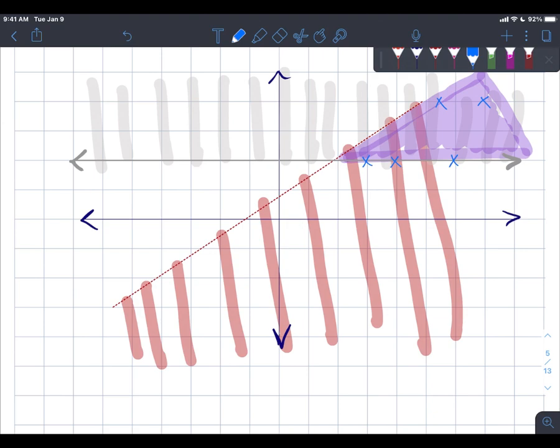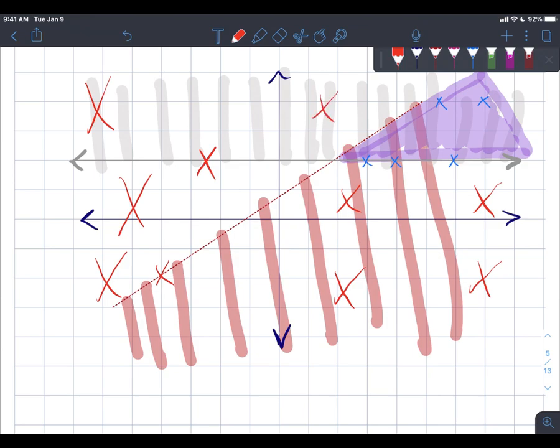So again, I'm looking for where it's either in both shaded regions or a shaded region and on a solid line. That also means everywhere that I'm about to put a red X is not a solution. Anything out here, over here, right there, here, here, here, here.